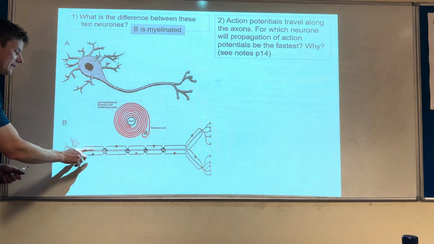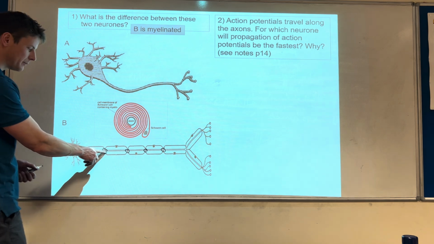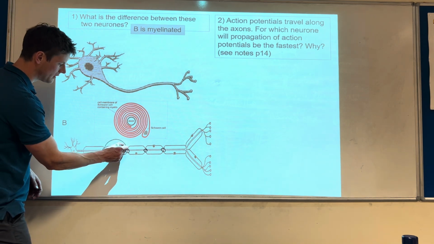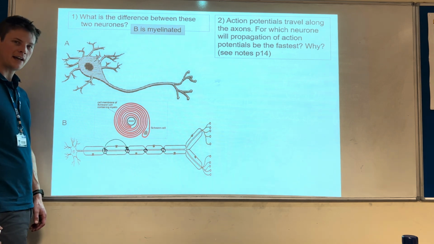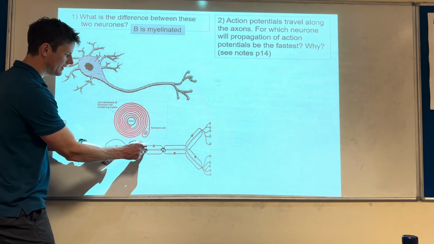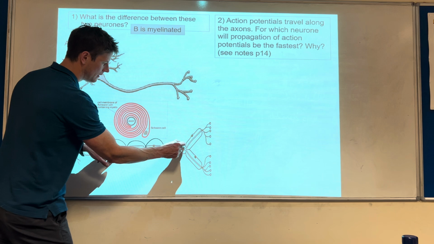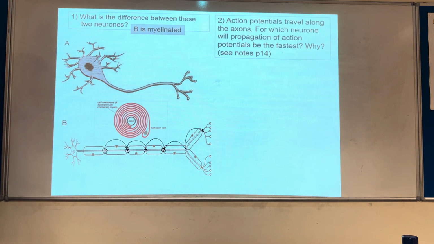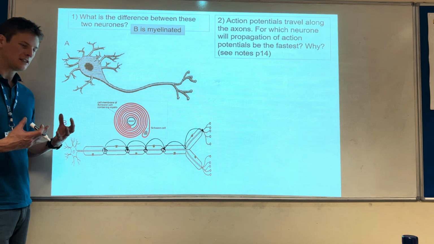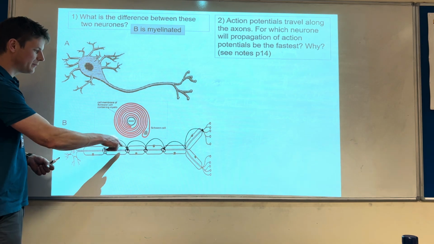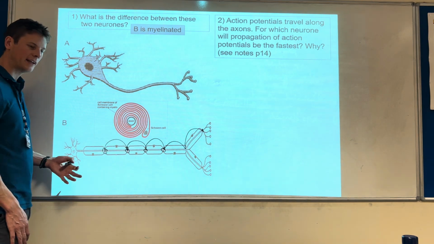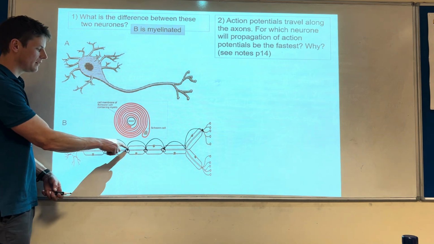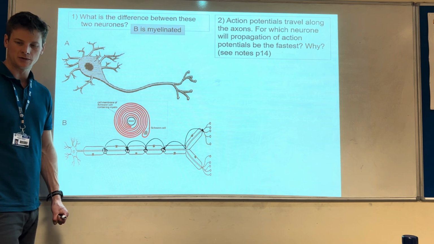In a myelinated neuron, the action potential is produced at one node. It then jumps to the next node, and the next one, and the next one, etc., until it reaches the end. So that means there are fewer action potentials that need to be produced. They jump from node to node, which is quicker. So rather than having to be produced along the whole length of the axon, they're only produced at the nodes.